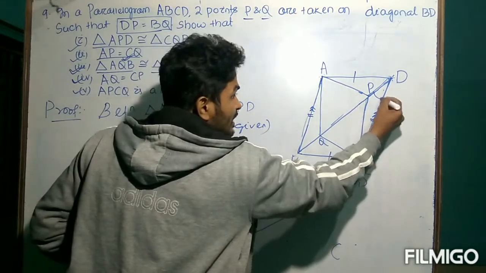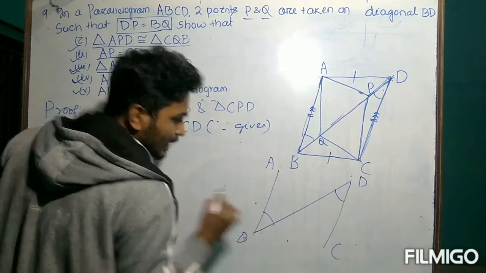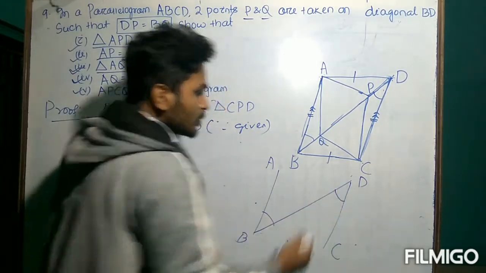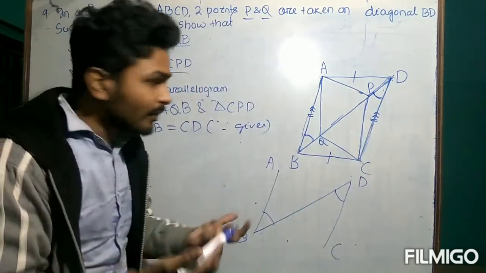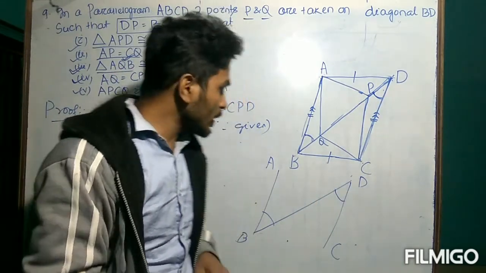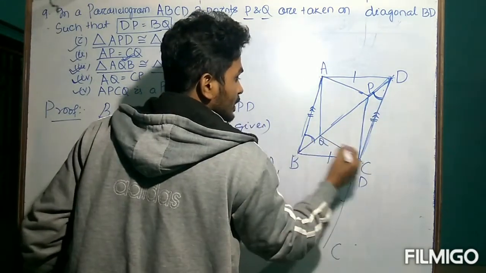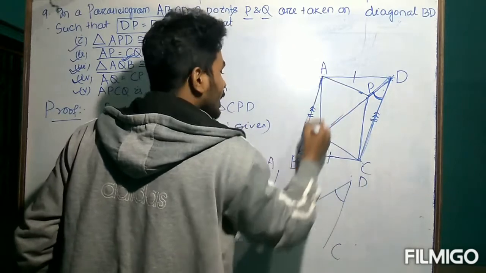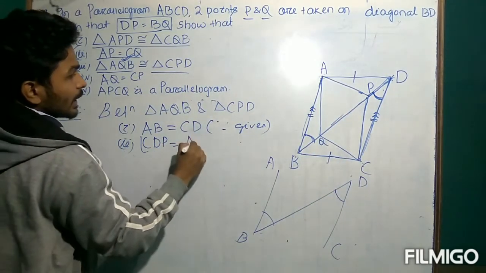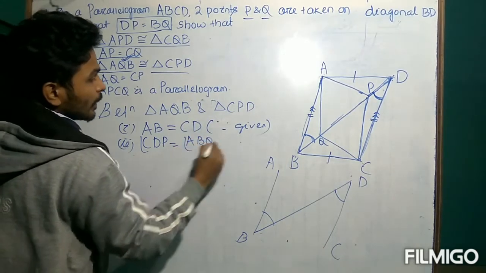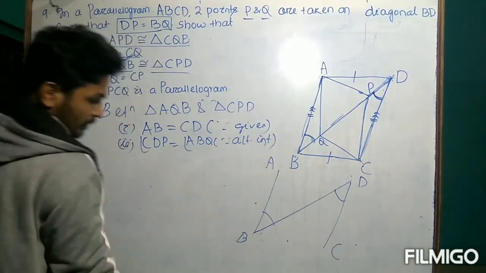Then this angle and this angle. So what is the relationship between these two angles? These two angles are alternate interior angles, and we know the alternate interior angles are equal. So you can write that CDP is equal to ABQ. Why? Because they are alternate interior. Is it clear?